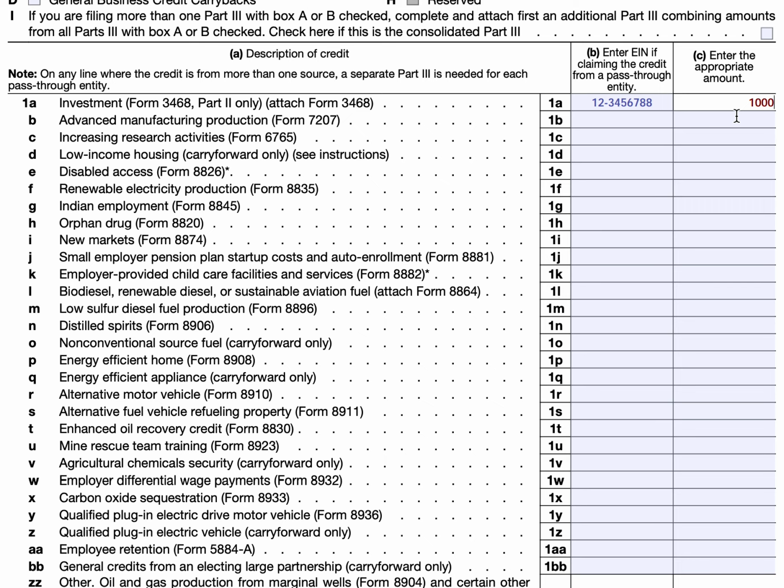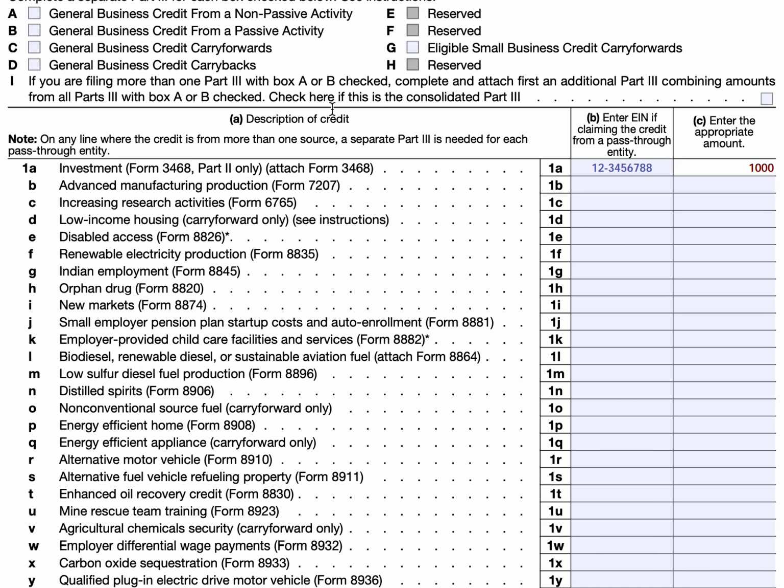So let's imagine that you have two investment tax credits that you're passing through from two different S corporations. You would enter this on one line 3 after having checked, let's just say, box B. Then on a completely separate Part 3, you would report that amount on a completely separate form.